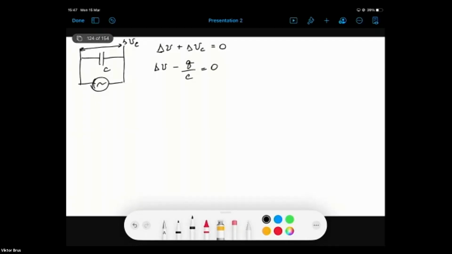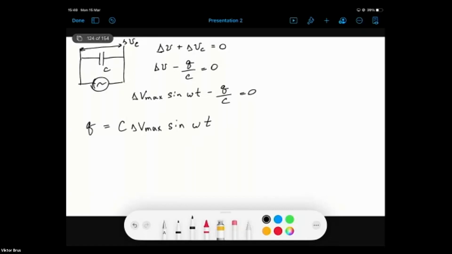So instead of delta V, we write the expression for the applied voltage time dependence, delta V maximum times sinus omega t, minus Q over C. This is equal to 0. And by rearranging, we can write the electric charge Q as a function of time. This will be capacitance C times delta V maximum times sinus omega t.